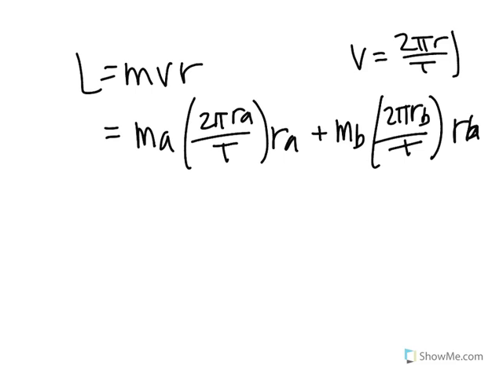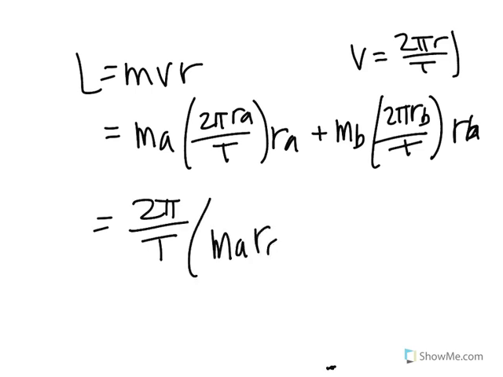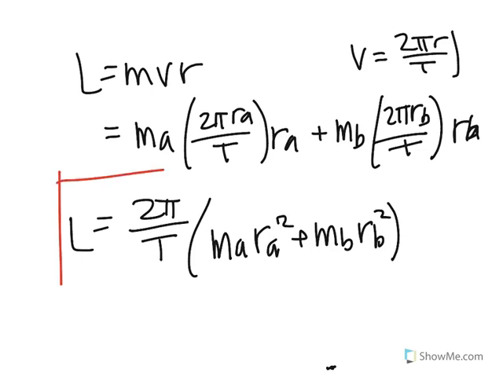Okay, nothing cancels, but common constants can be pulled out. So L is equal to MA RA squared plus MB RB squared, multiplied by 2 pi over T, and it's the same exact answer.